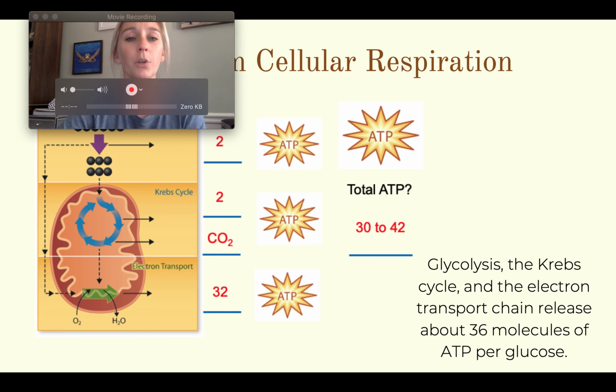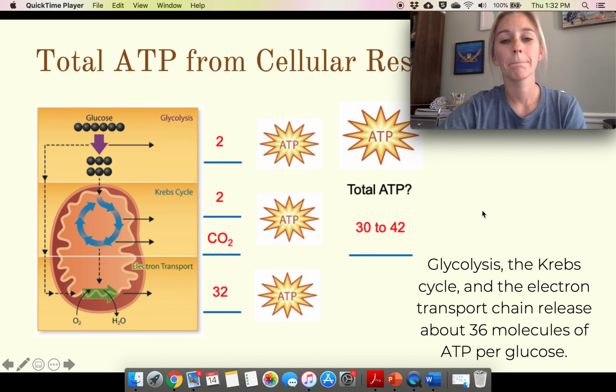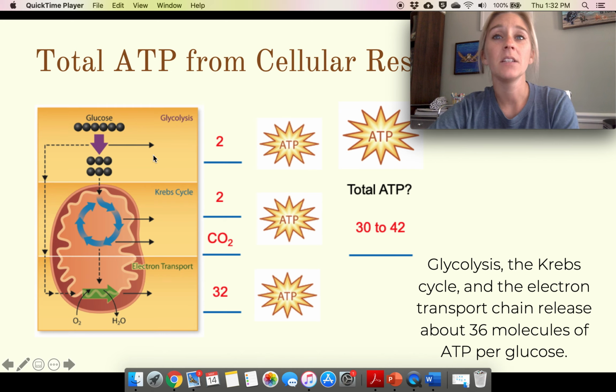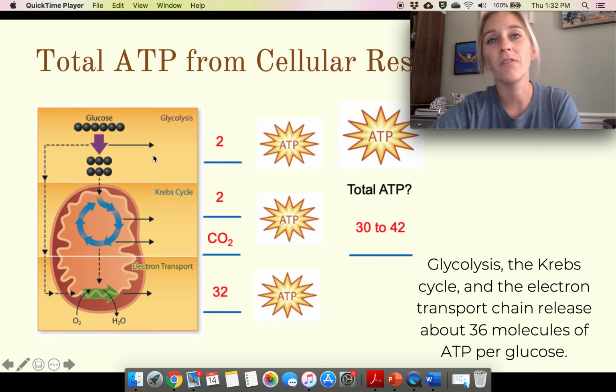So a little overview of how much ATP is actually made from each reaction. Glycolysis produces energy in the form of 2 ATP. Krebs cycle produces carbon dioxide and 2 ATP. The electron transport chain produces water and 32 ATP. So the total ATP is about 36, but this can vary.